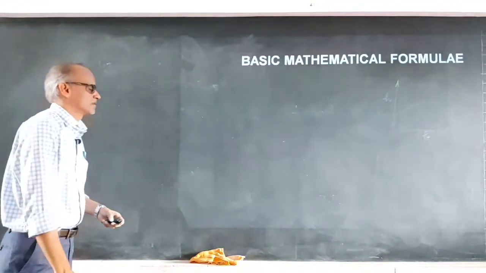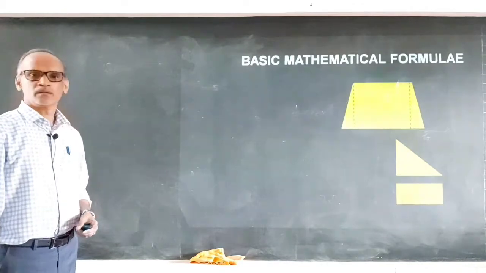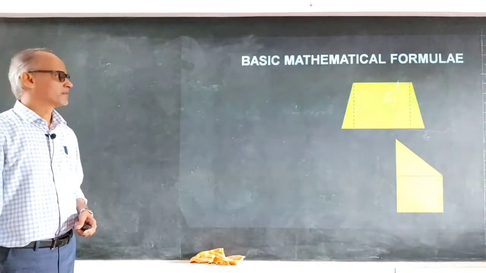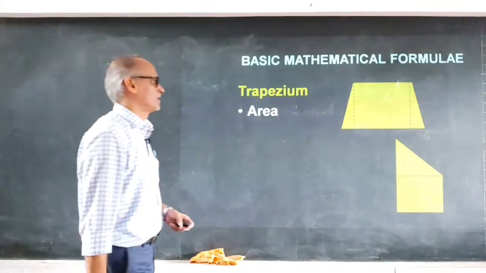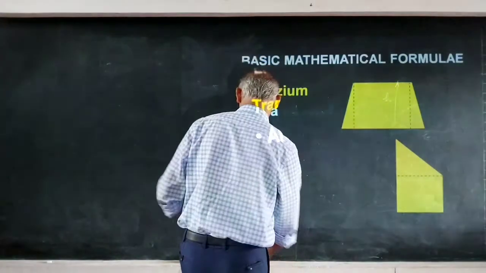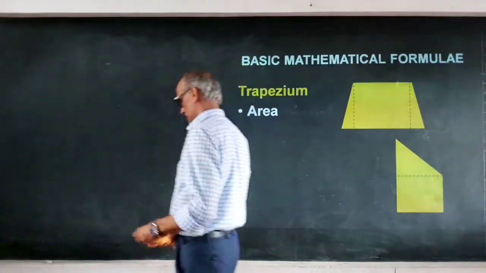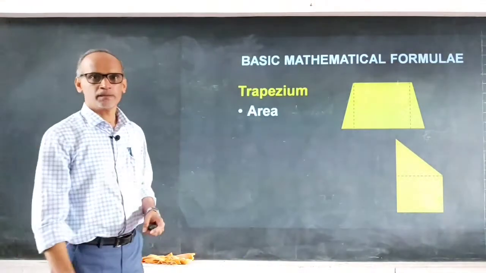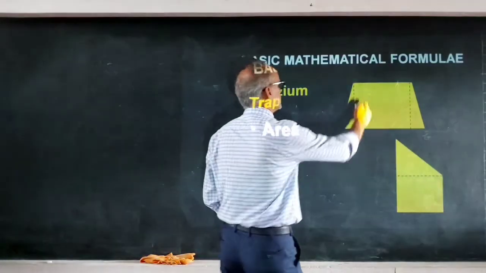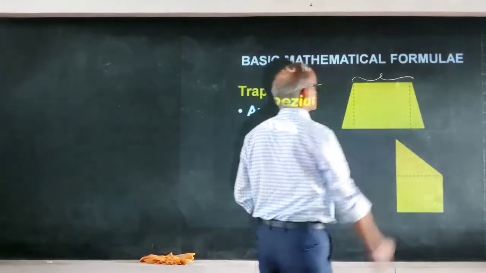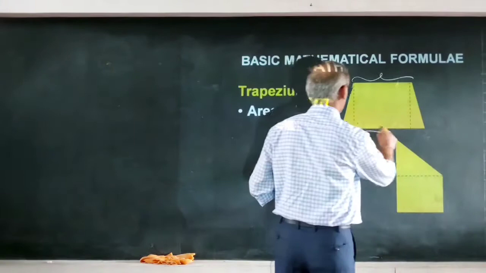So let's check one more structure, which is the trapezium. In a trapezium, first you have to identify the parallel sides. Which are the sides which are parallel? Here, this is one of the sides, and this is the other parallel side.